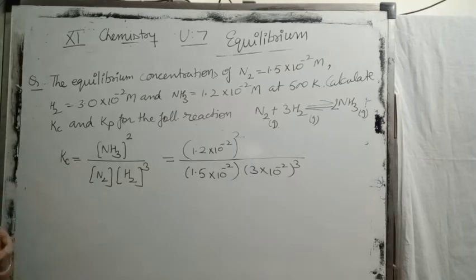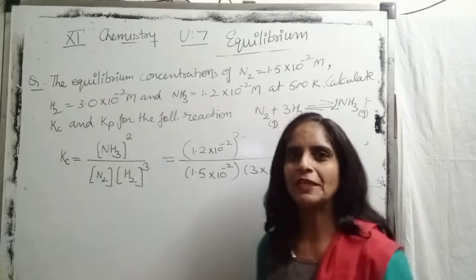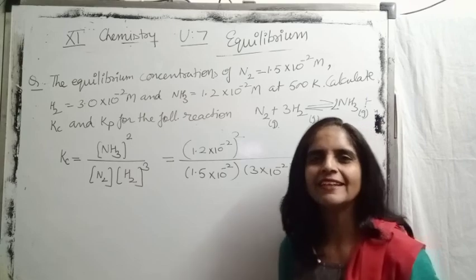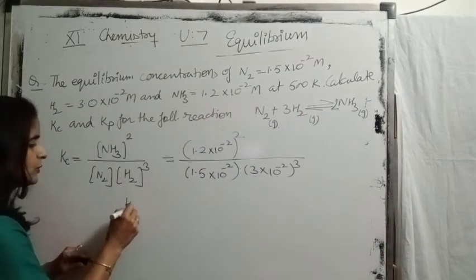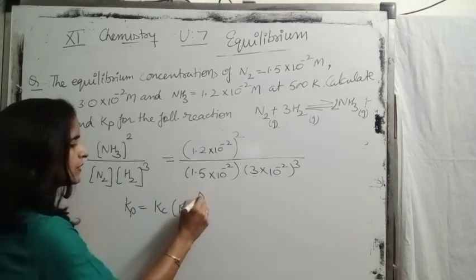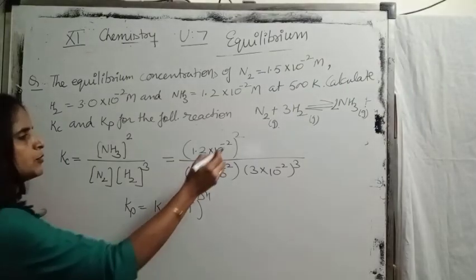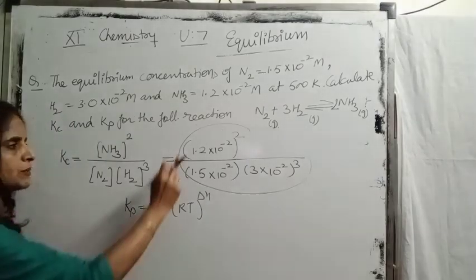After calculating Kc, can you tell now how do we find Kp? Yes, by using the relation of Kp and Kc. So the relation of Kp and Kc: Kp equals Kc RT raised to the power delta n. So Kc you will calculate from here. So we substitute the value of Kc from this first part.